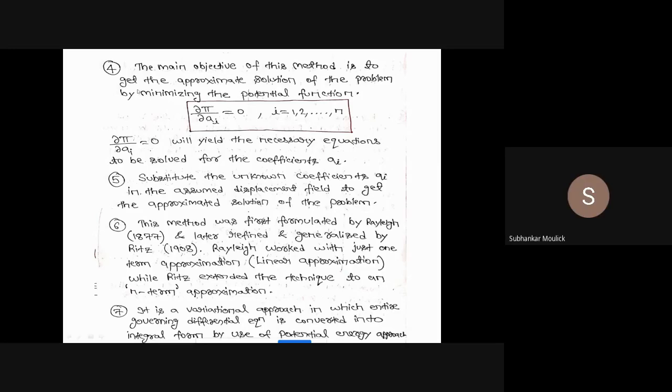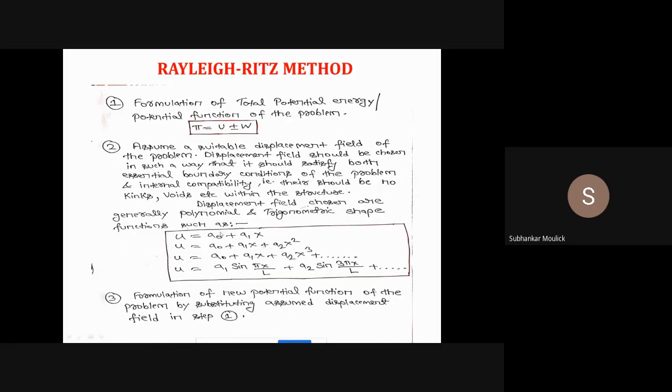Okay, in the last step what we will do is, in the fourth step you have minimized your entire potential function by taking the partial derivative of the potential function with respect to the unknown constants present in the assumed displacement field. Since you have found the value of a naught by the essential boundary condition, two unknowns are left, a1 and a2.